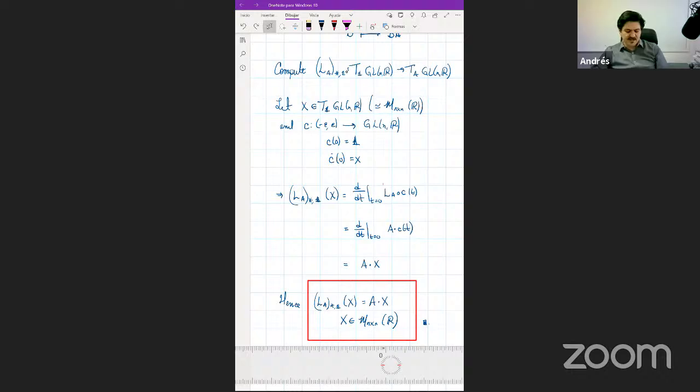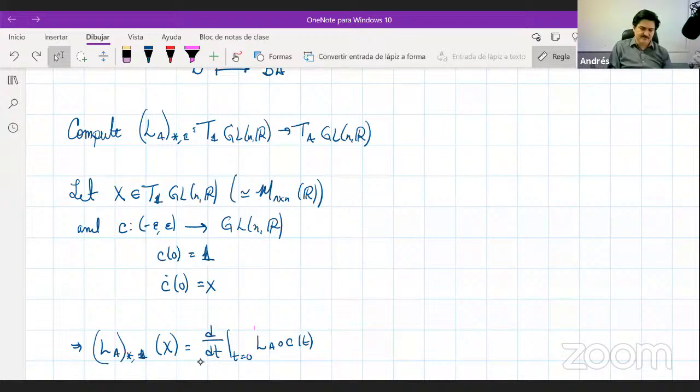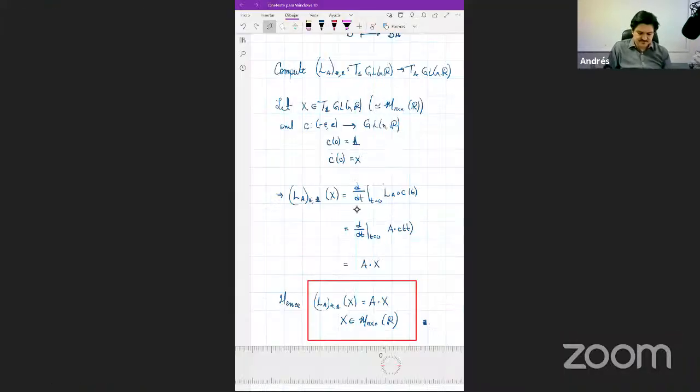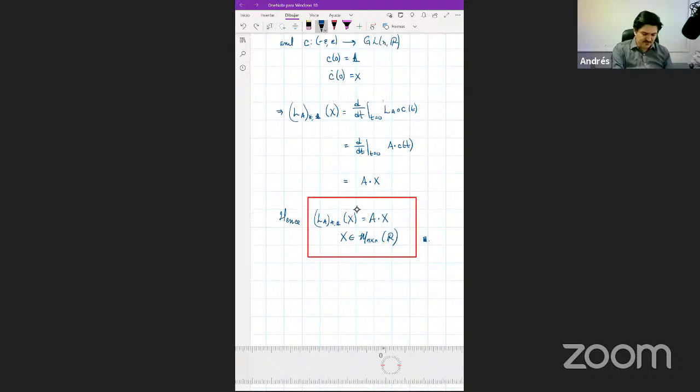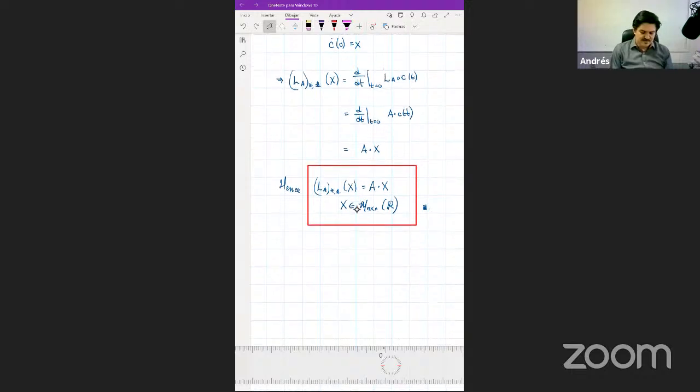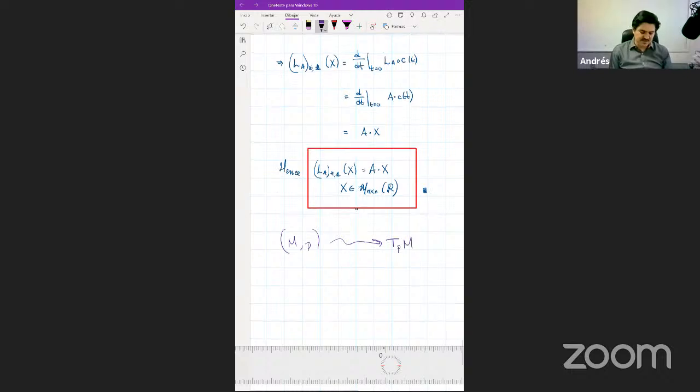Right, so we have seen, just to wrap up things, I have a manifold and a point, and I get a vector space.